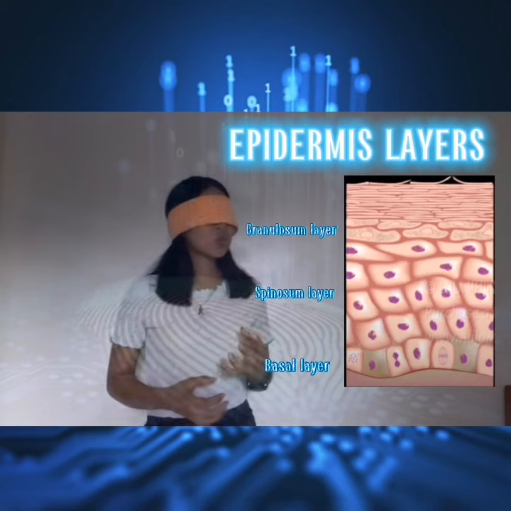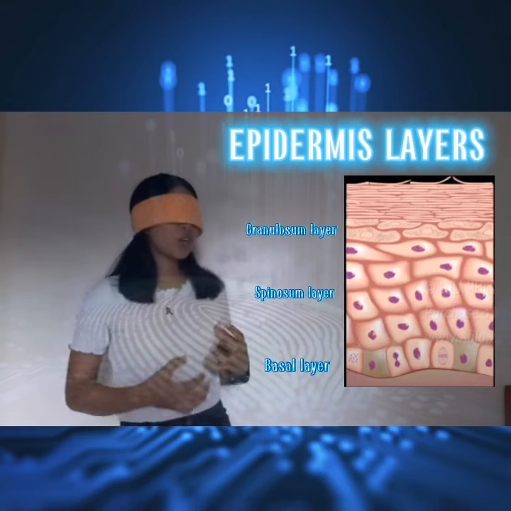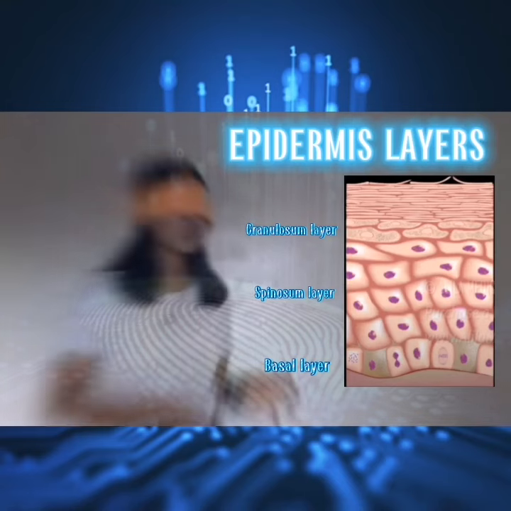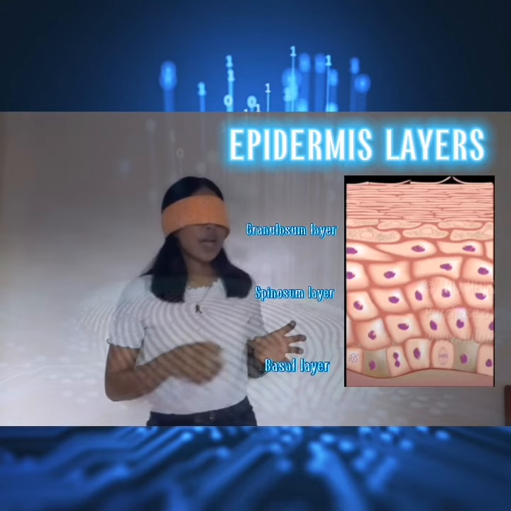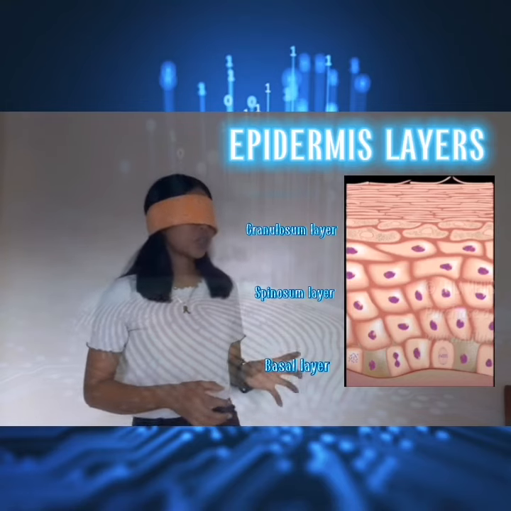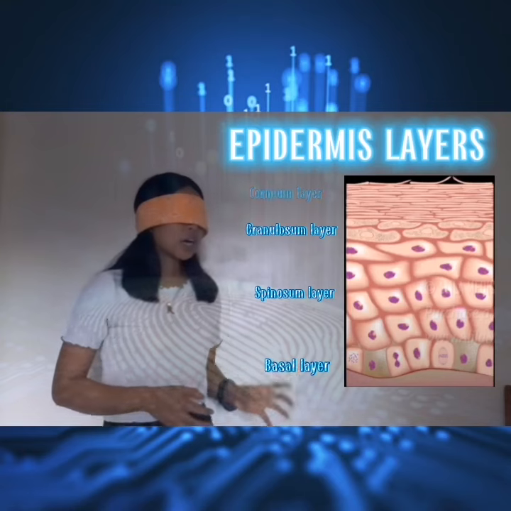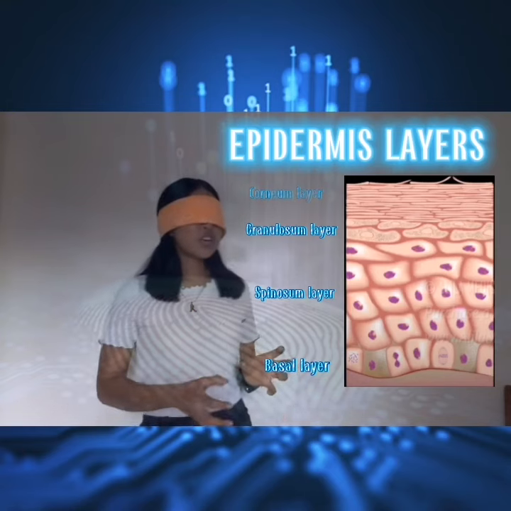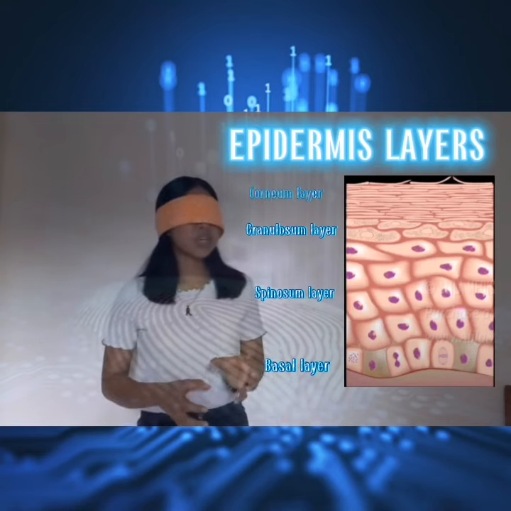This process is known as cornification or keratinization, the result of which is the most superficial layer, the stratum corneum layer. This stratum corneum layer is made of dead cells that form the skin barrier.